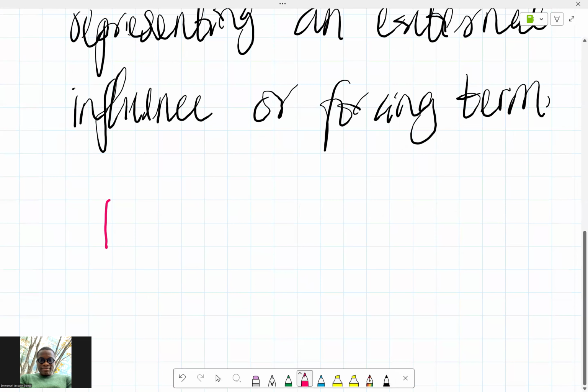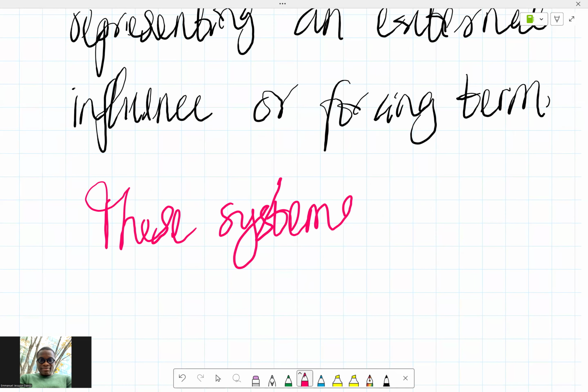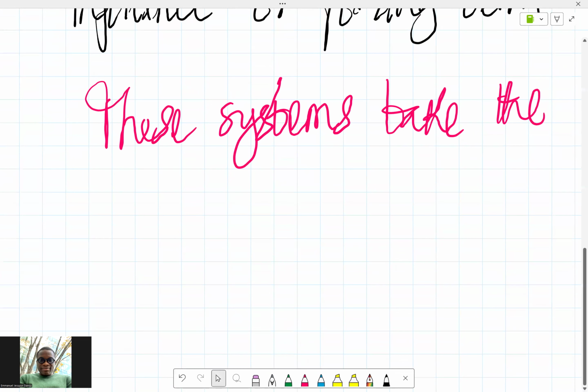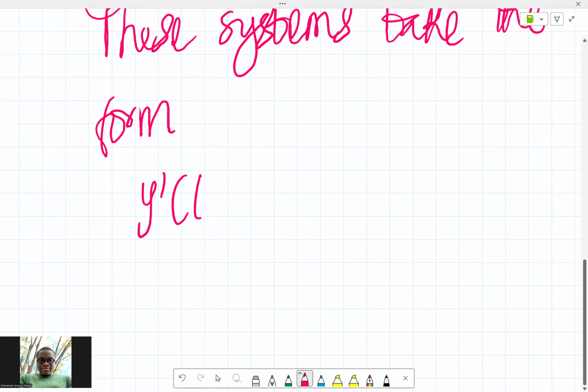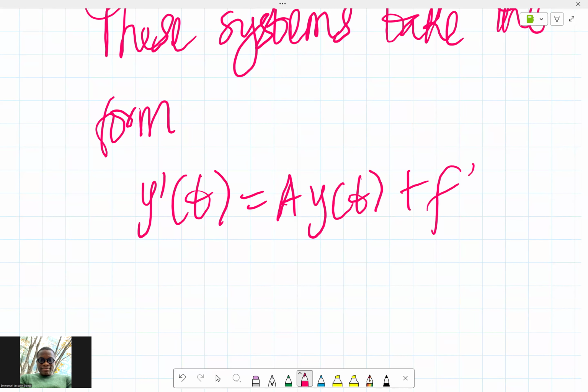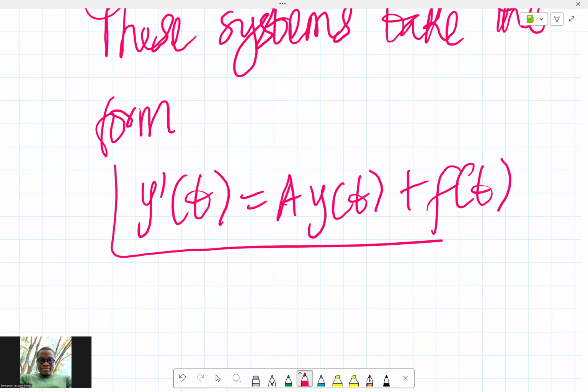So these systems take the form y prime of t equals A y of t plus f of t. So f of t now is the forcing term. For homogeneous, f of t will just be 0, basically.